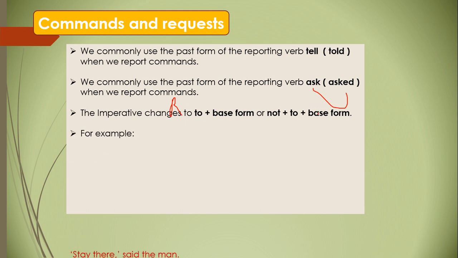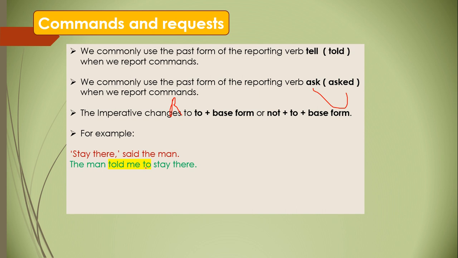Here is an example. Stay here, said the man. So stay here is a command. So I used the verb told as a reporting verb. So the man told me to stay here. Stay is an imperative, so I began with what, girls?